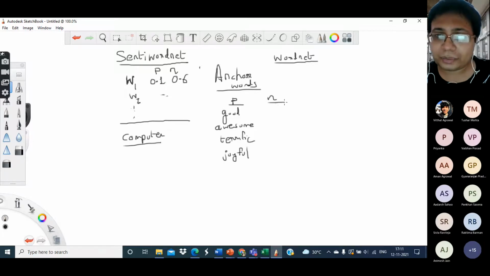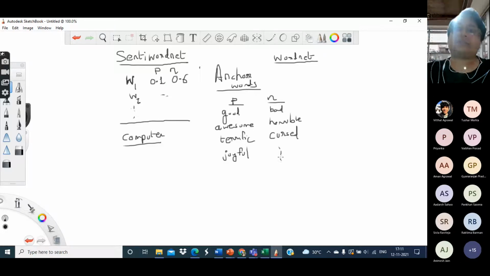On the other hand, there are words which are always used in a negative sense, for example bad, horrible, cursed, etc. So we have some understanding of which words are always used as positive and which are always used as negative.